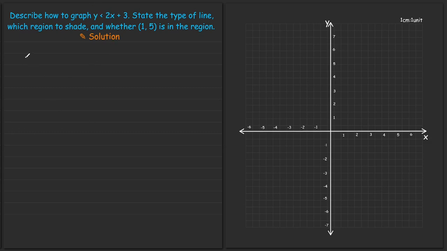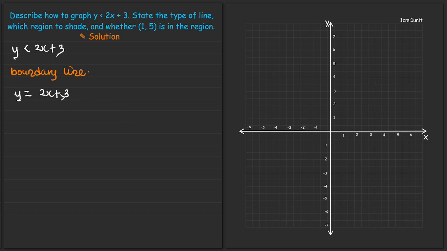So instead of y is less than 2x plus 3, we rewrite it as our boundary line, which becomes y is equal to 2x plus what? 3. Then you draw this on your graph.